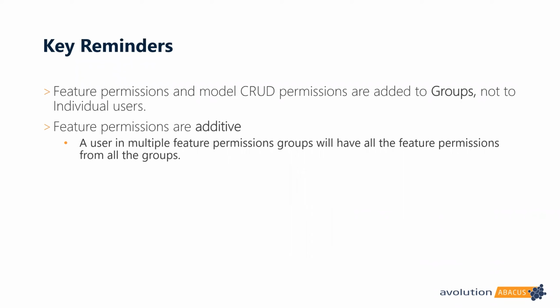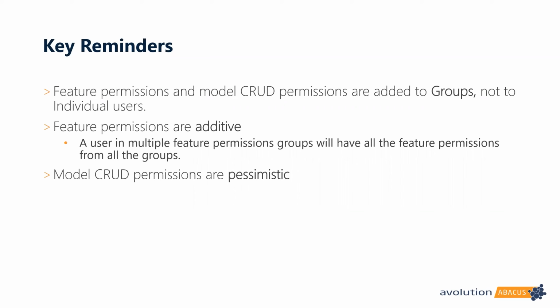In the same way, if they are in, let's say, the configurer group and in a group that does not have any feature permissions enabled, and in a group that enables Technopedia Sync, they will have configurer and Technopedia Sync feature permissions enabled for them.